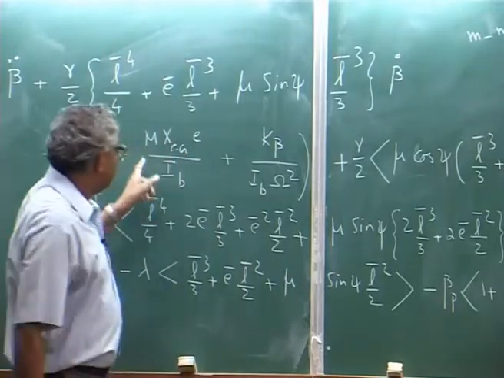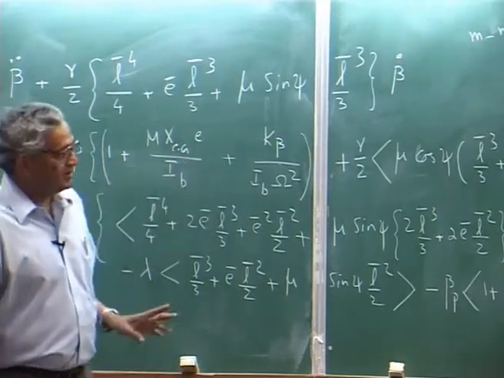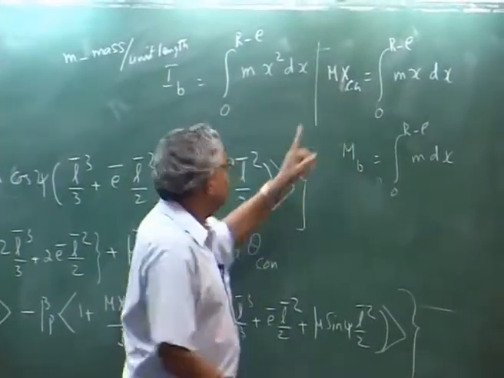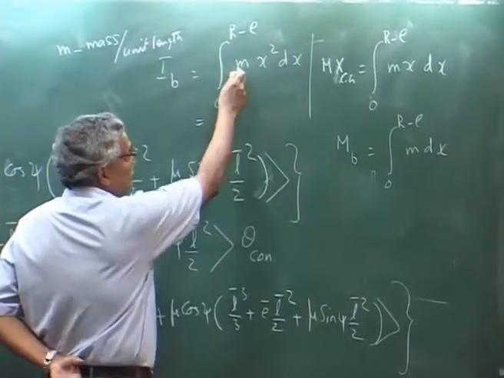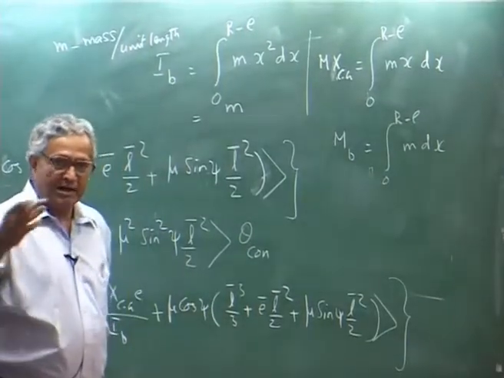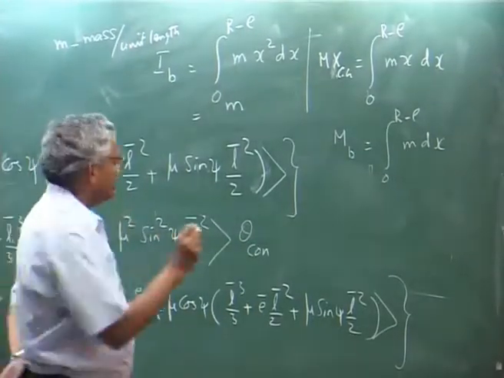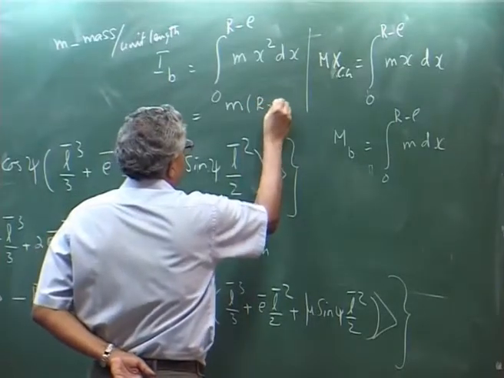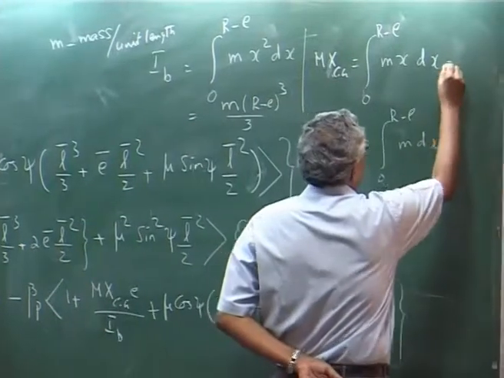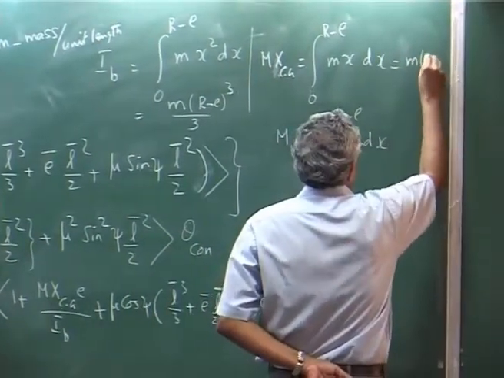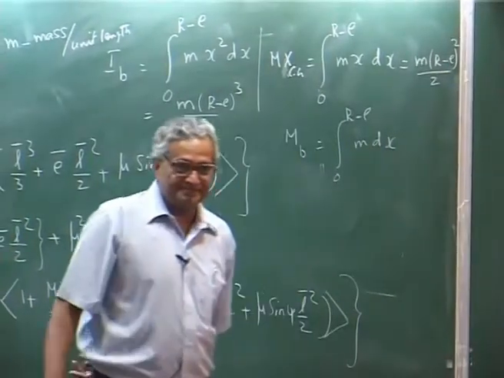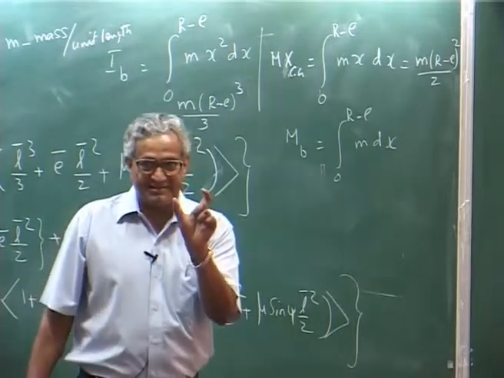If you take this term, if it is uniform mass, if m is constant, this will be m r minus e whole cube over 3. This will become m r minus e square over 2, if m is constant.